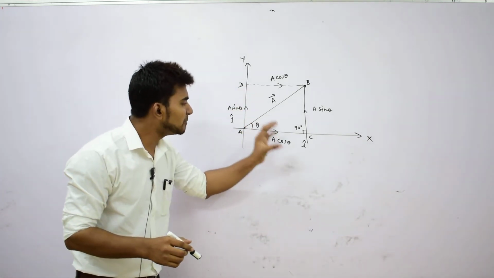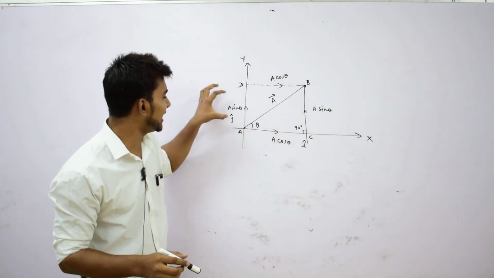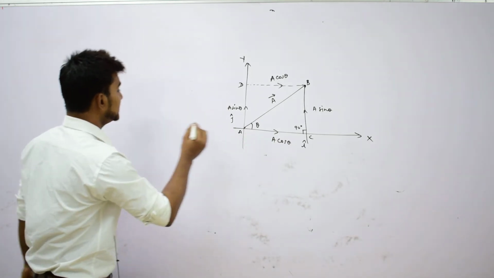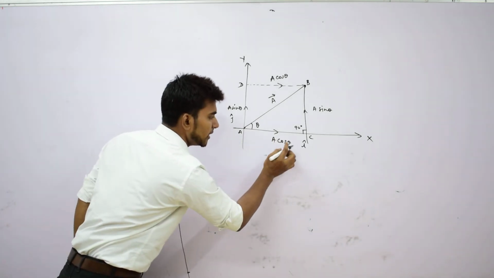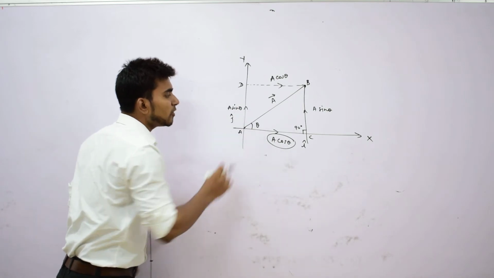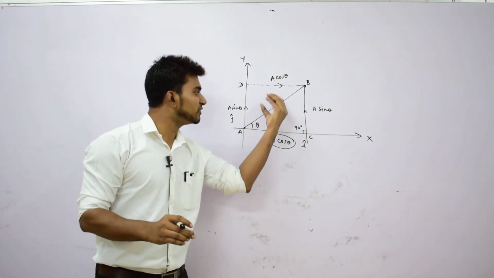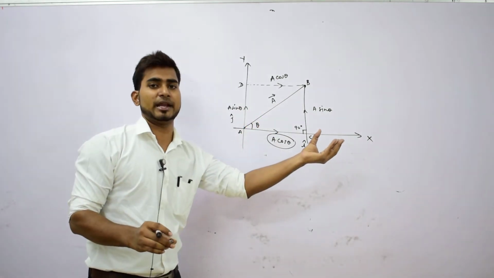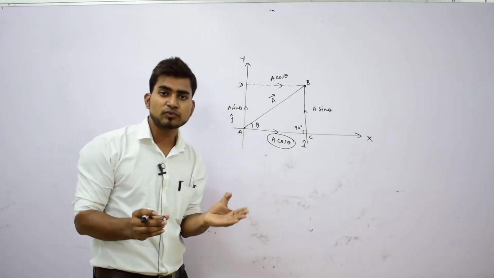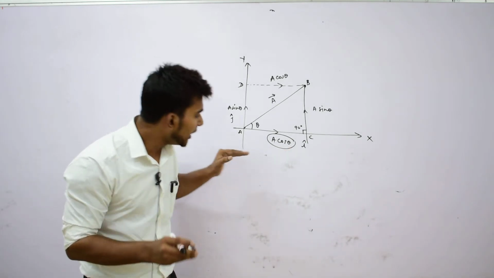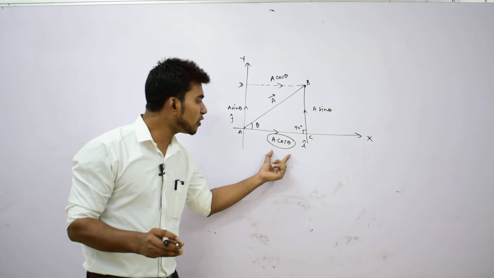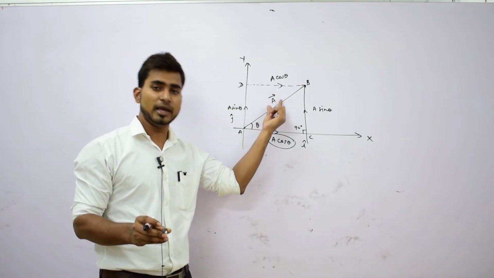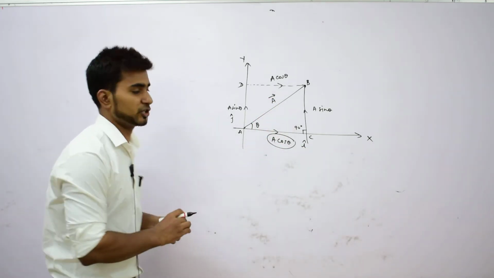Our vector can be broken into two portions, horizontal as well as vertical. What is A cos theta? A cos theta is the projection of vector A in the horizontal direction, so it is the magnitude of vector A in the horizontal direction.